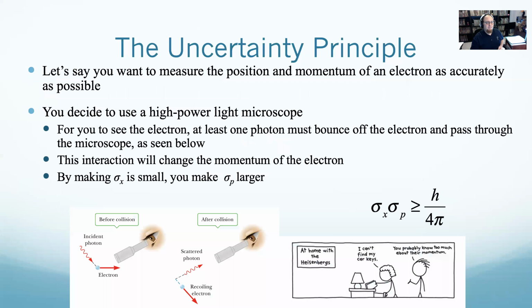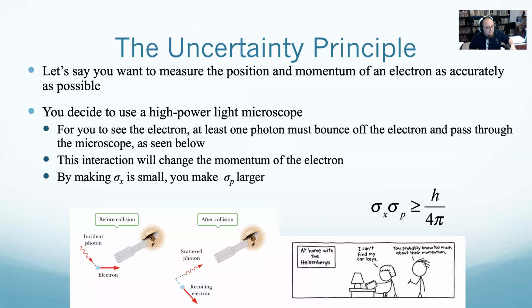Let's say you want to look at the position and momentum of an electron. I want to look at that electron. I need to shine light at it. Because the only way to look at something, how our eyes work, is by shining light at it. And so if you look at an electron in a high-power microscope, you shoot light at it. If you shoot light at an electron, that's Compton scattering.